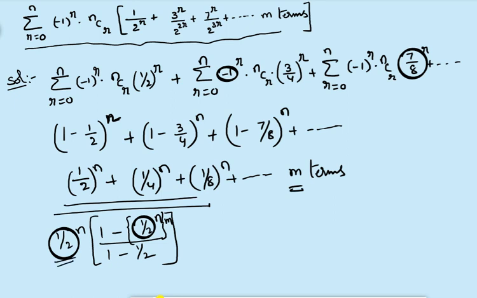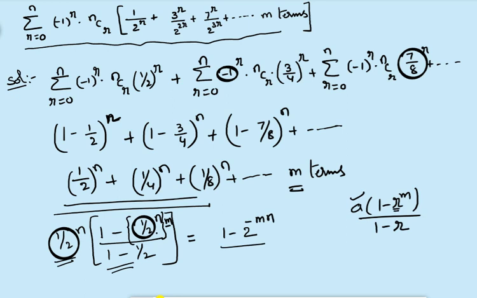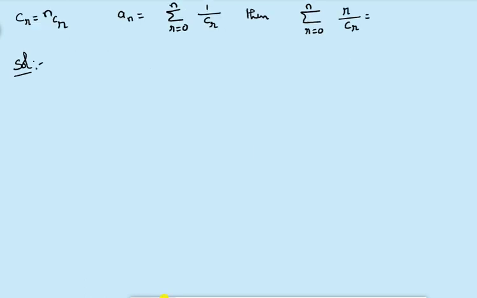Sum equals first term into (1 minus common ratio power number of terms) divided by (1 minus common ratio). I just applied a into (1 minus r to the power of m) divided by (1 minus r), where a is the first term and r is the common ratio. Simplify this one, you will get the answer as (1 minus 2 to the power of minus mn) divided by (2 power n minus 1). Sorry, here (1 by 2) whole to the power of n is the common ratio.